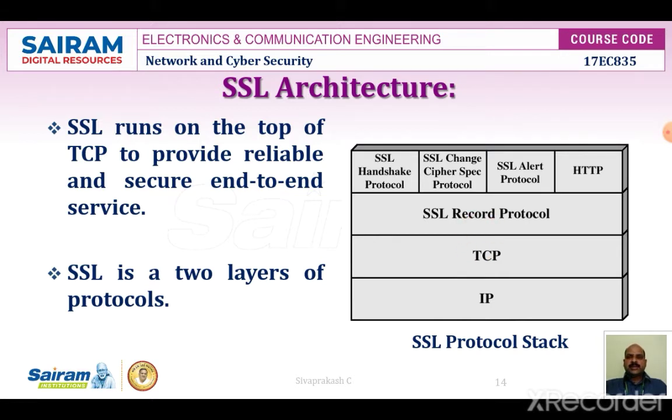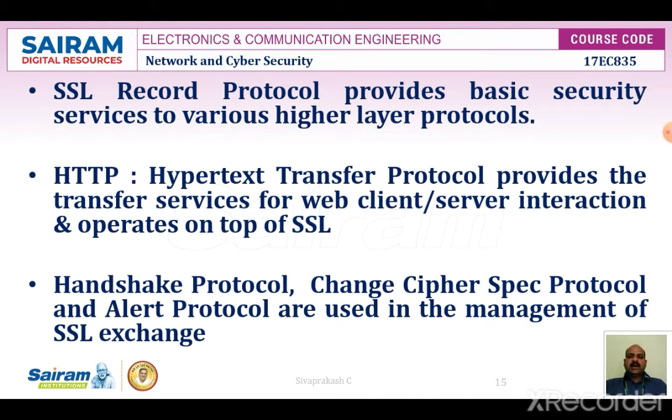The SSL record protocol provides basic security services to higher layer protocols. In particular, HTTP, the hypertext transfer protocol, which provides the transfer service for web client and web server interaction, can operate on top of SSL.